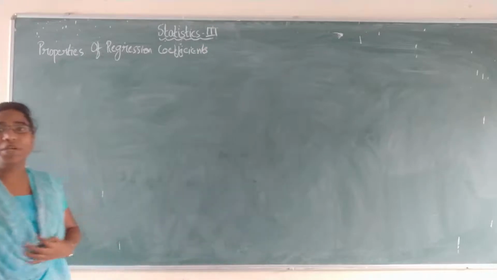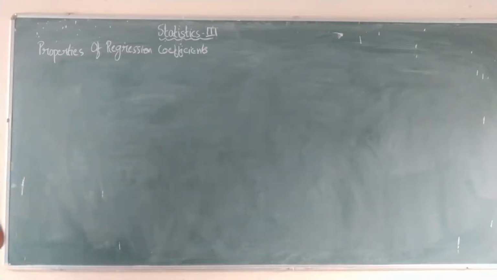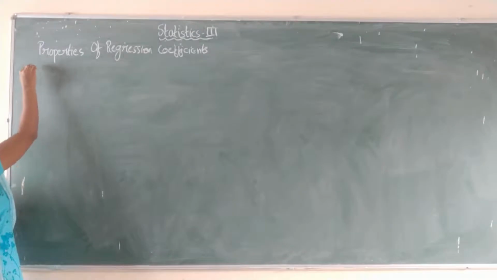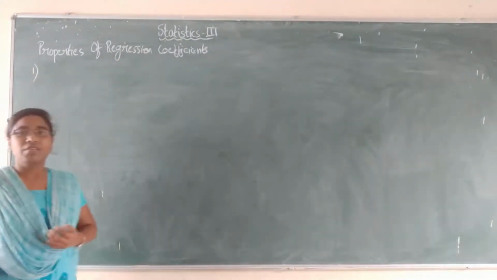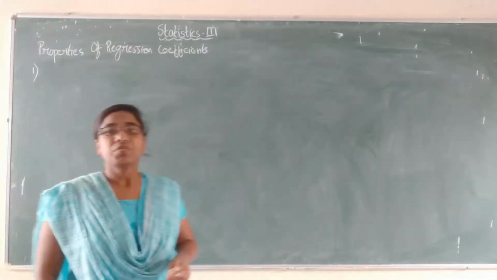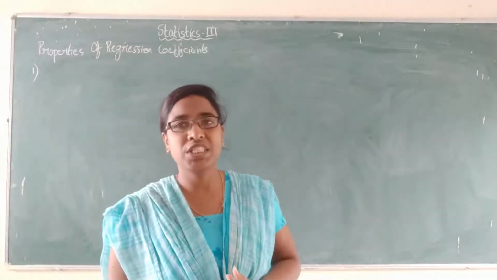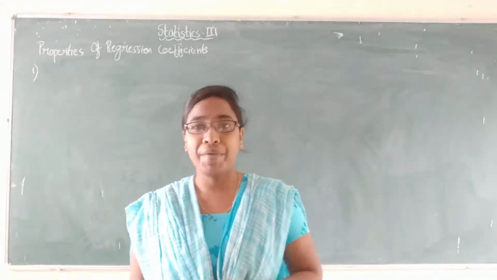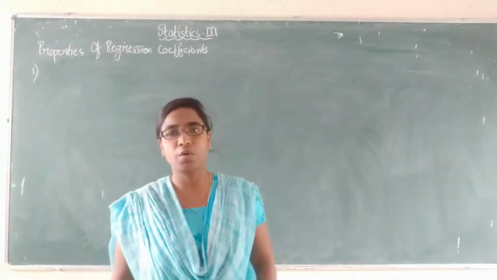So coming to the properties, for every property we will be having a proof. Similarly, like the correlation, here also we will have proofs for all the properties. So coming to the first property. First property is the correlation coefficient is the geometric mean of regression coefficients.